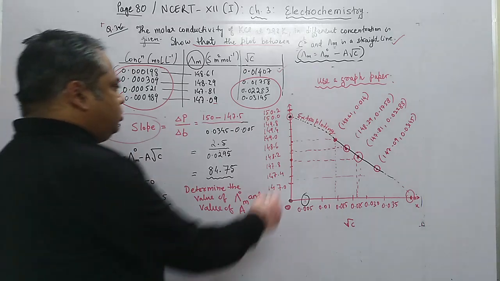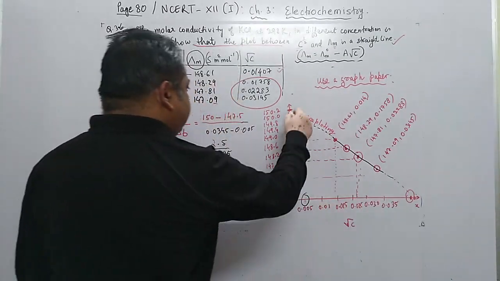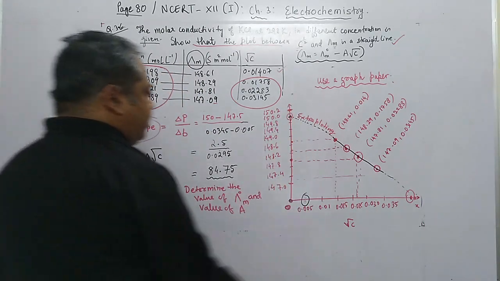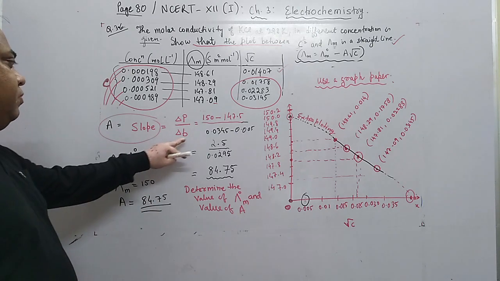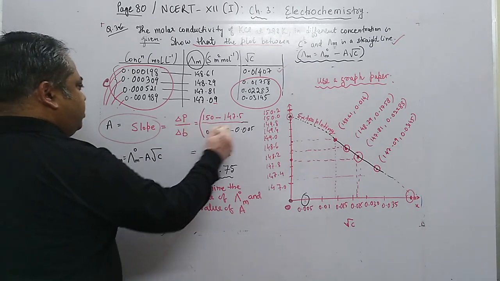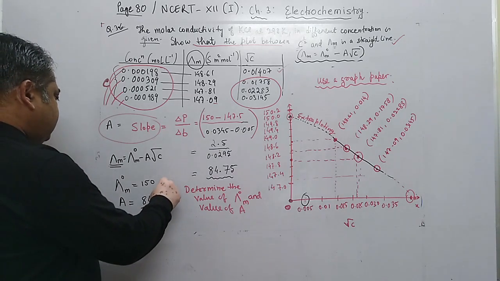So this difference divided by this difference, the perpendicular divided by the base, gives the value of slope. So we have found out this also.